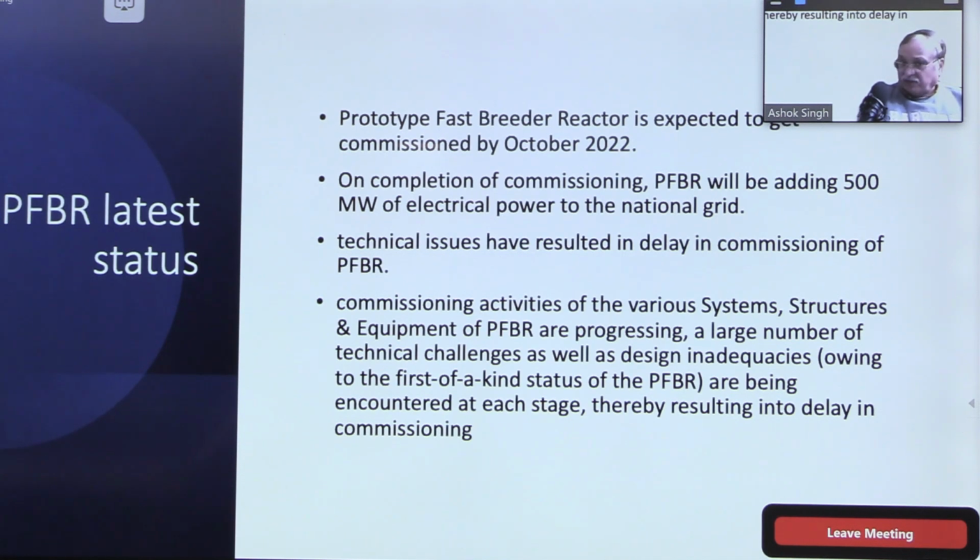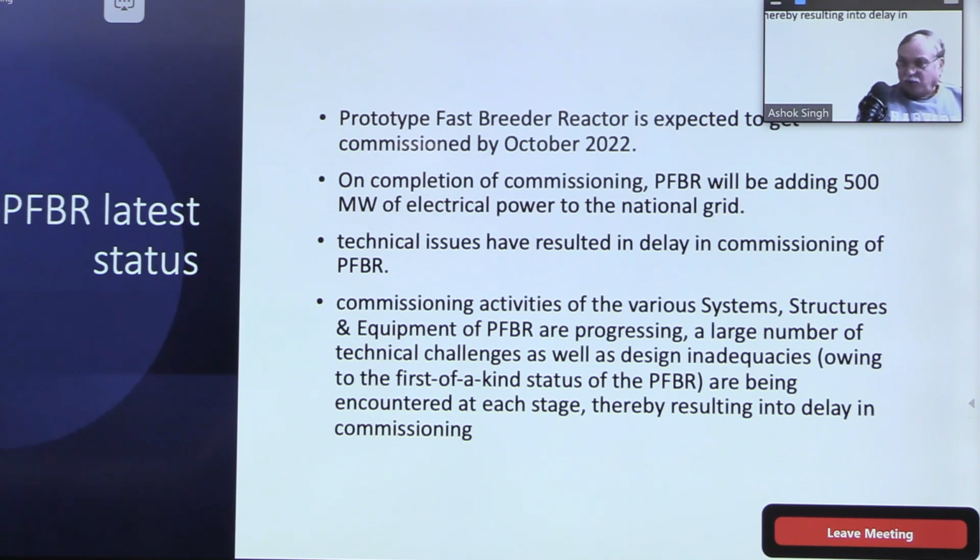And the government told Parliament that there have been many technical challenges as well as design inadequacies. Now don't start asking questions about what these technical challenges are. That's far beyond the scope of general studies.